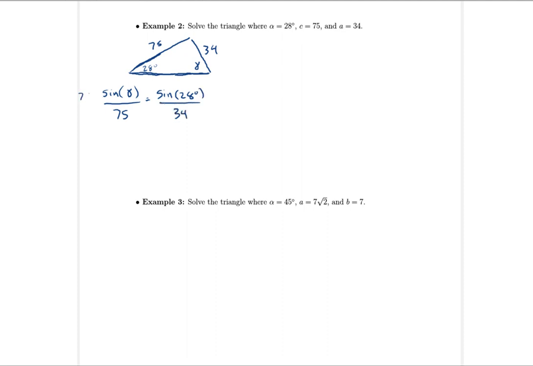And we can solve for gamma. So this will be the sine of gamma is equal to the sine of 28 degrees over 34 times 75. And then, just like we did in the last one, we take the sine inverse to find our gamma.